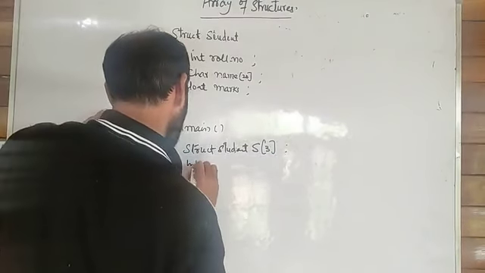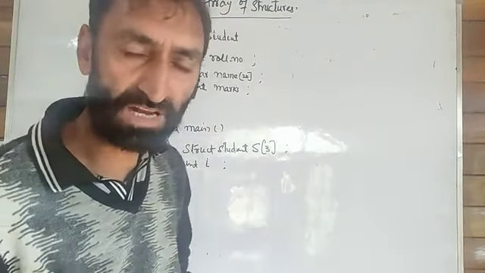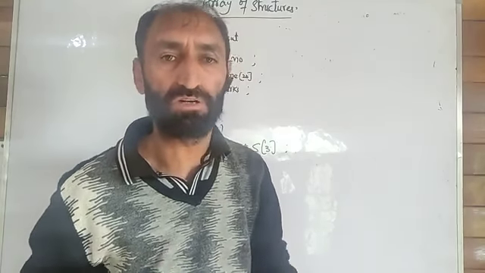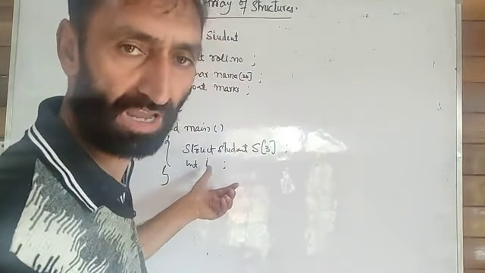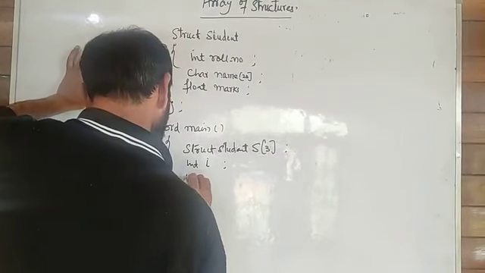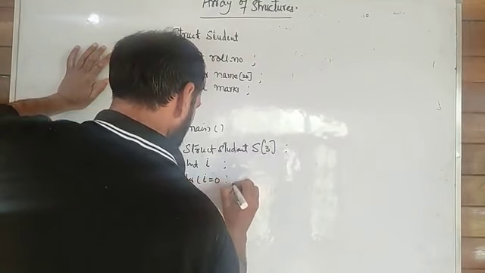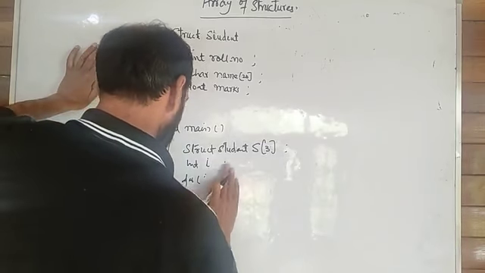And for the loop, I, because while we are going to use runtime initialization using arrays, at that time we use loops. For example, I will write here for I equal to 0.